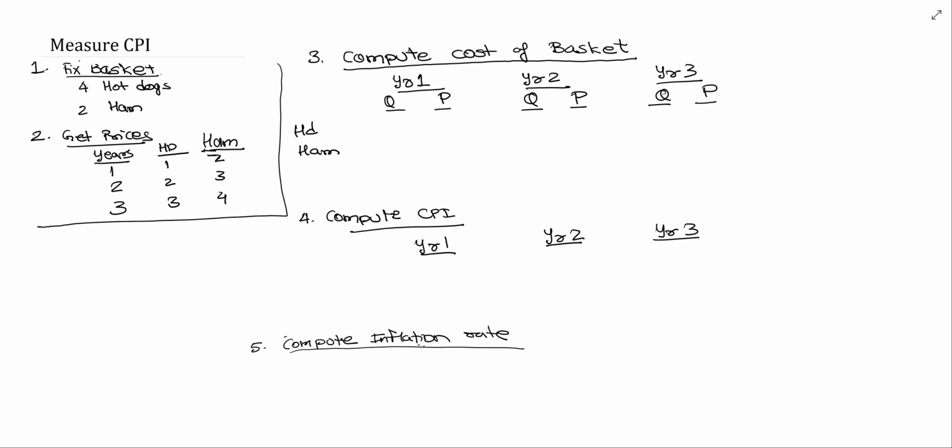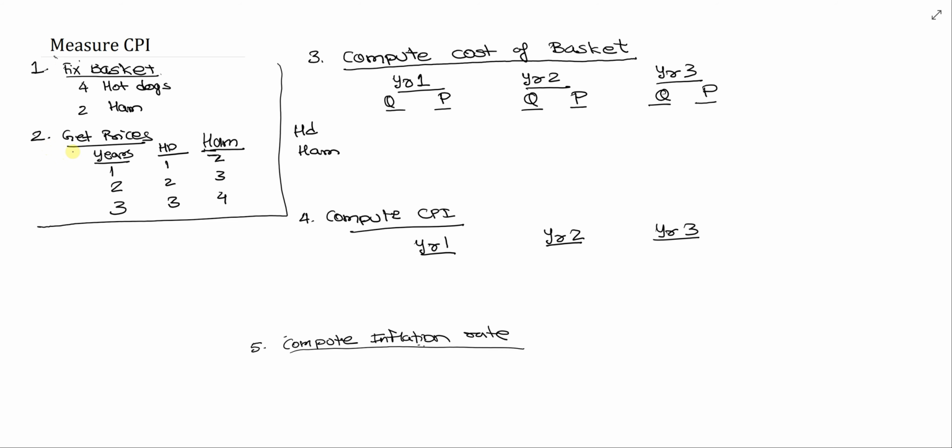The same basket, how much will it cost across several different time periods? Because the prices of hot dogs and hamburgers will change over time, we would like to track the price of this fixed basket over time. So that's the idea of fixing the basket.